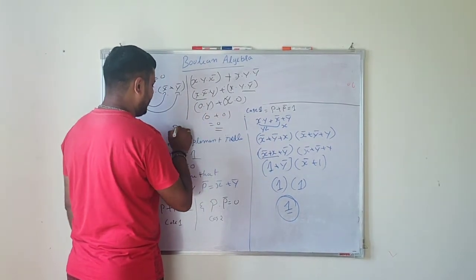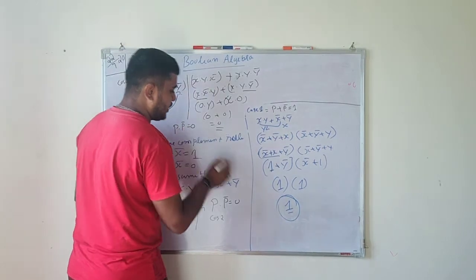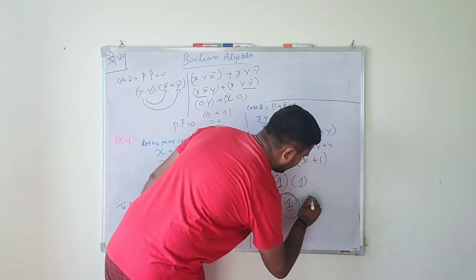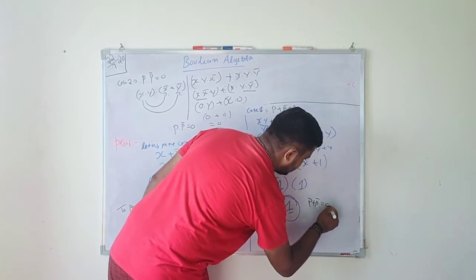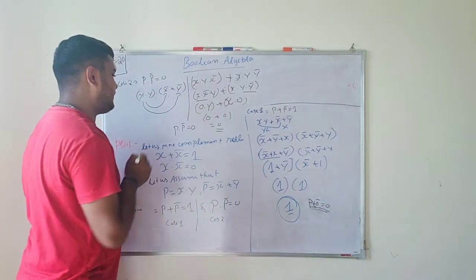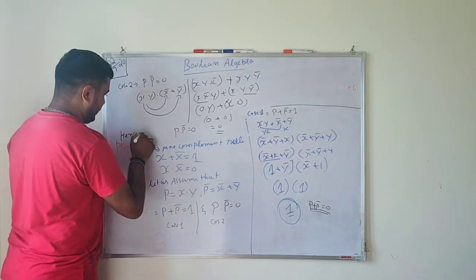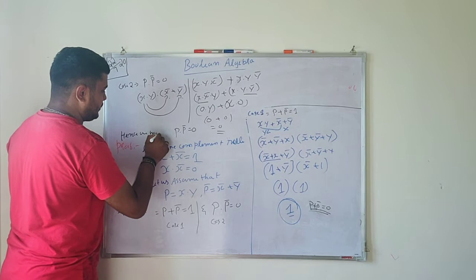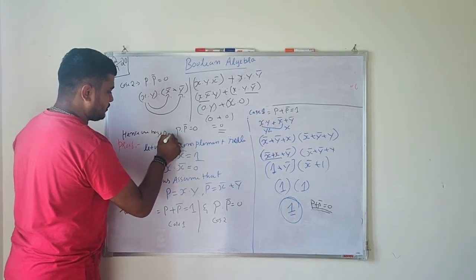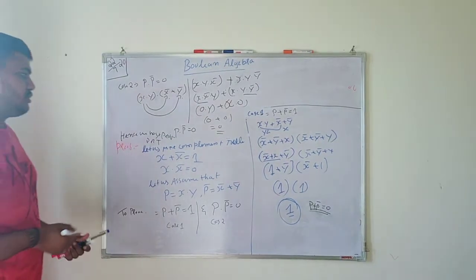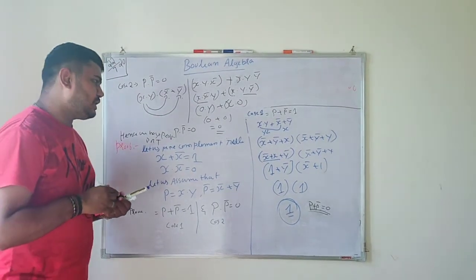So what we proved, P into P bar is equal to 0, and here we have used P plus P bar is equal to 1. So hence we have proved De Morgan's theorem. So this is how we prove De Morgan's theorem.